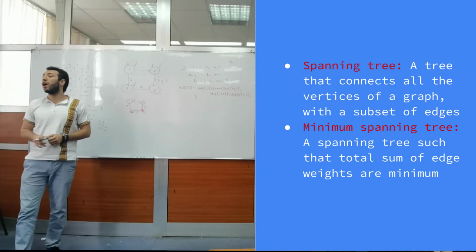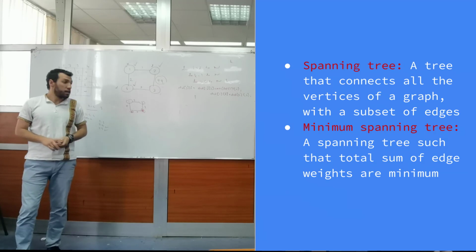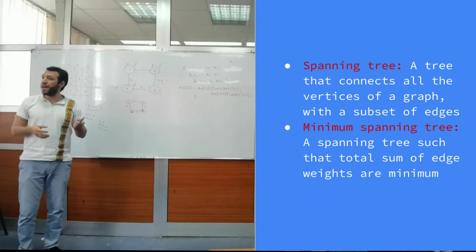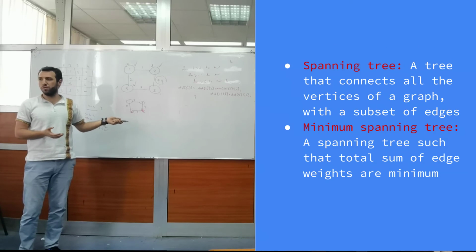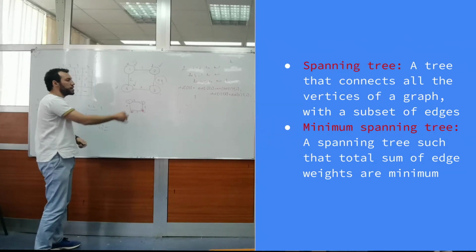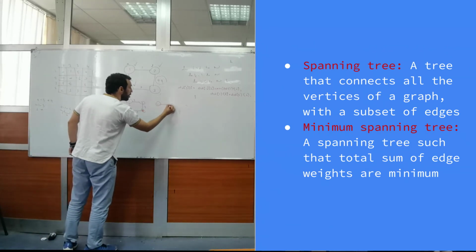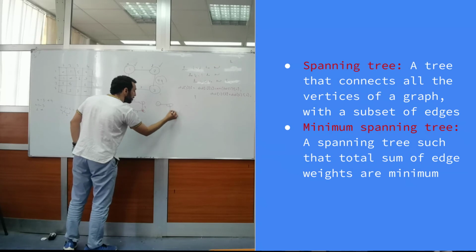Yes? I don't get if it's the cycling. Is this not a spanning...? This is a spanning graph. It's not a tree, right? First off. Oh, yeah. Okay. So what I was saying is you can remove any of the edges here, but only one edge is going to be removed. For example, 1, 2, 3, 4.